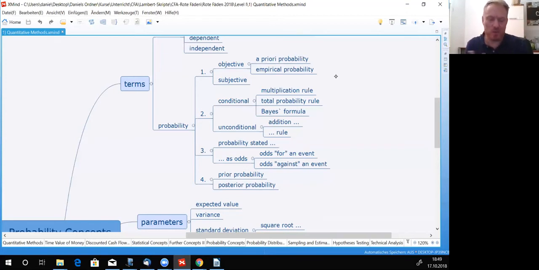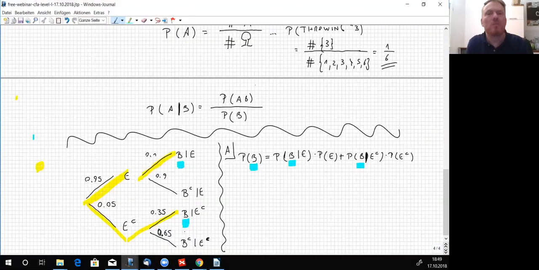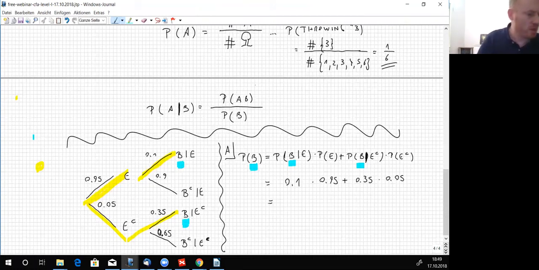So the total probability rule is the tool to give the answer, meaning that it is 0.1 multiplied by 0.95 plus 0.35 multiplied by 0.05. What is this? I hope you have a handheld computer.